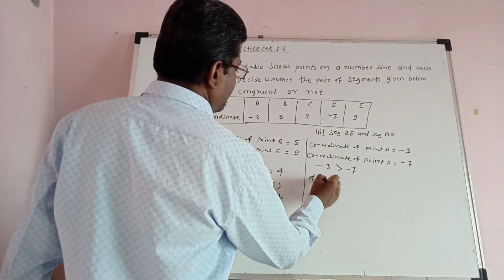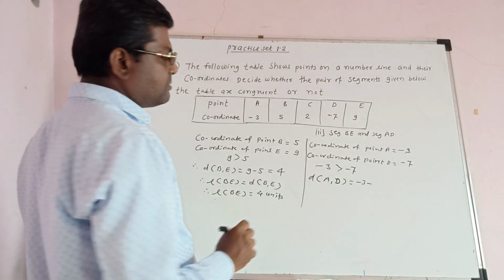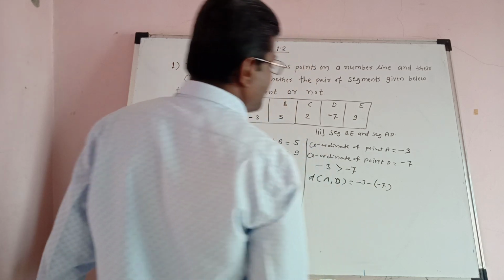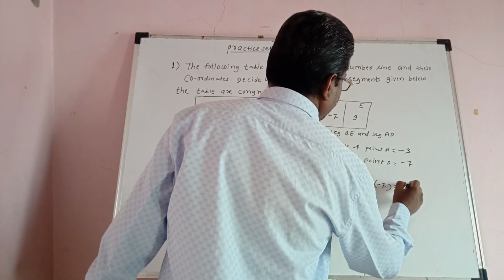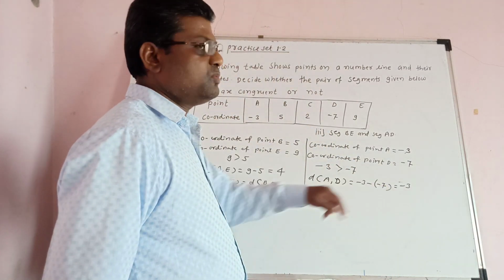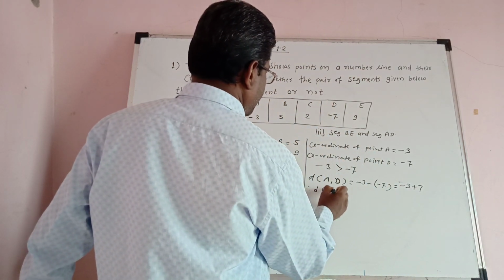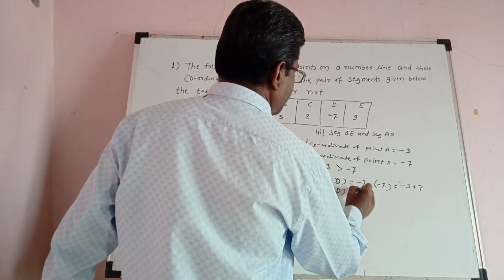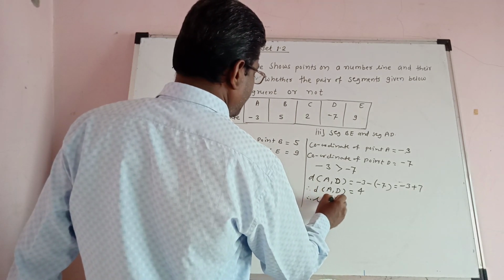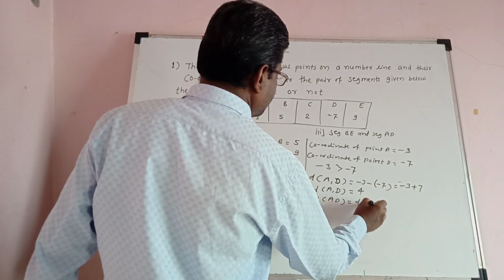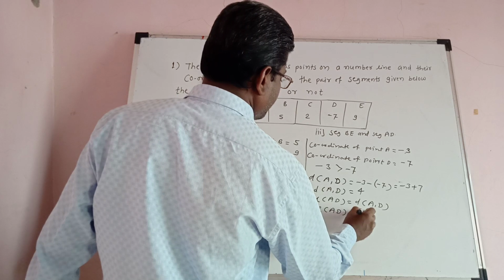So distance of AD is equal to larger coordinate minus smaller coordinate, that is -3 minus in bracket -7. This minus will be +7. Therefore, distance of AD is equal to -3 plus 7 is 4. Therefore, length of AD is equal to distance of AD. Therefore, length of AD is equal to 4 units.